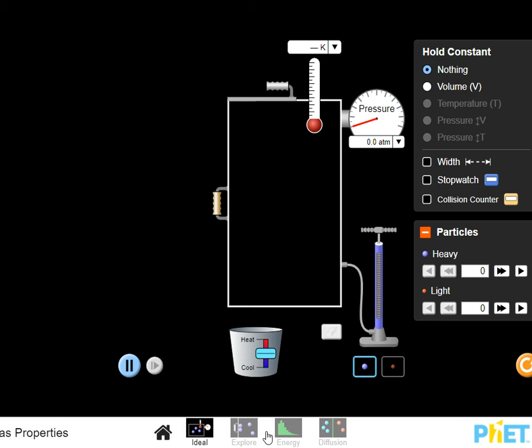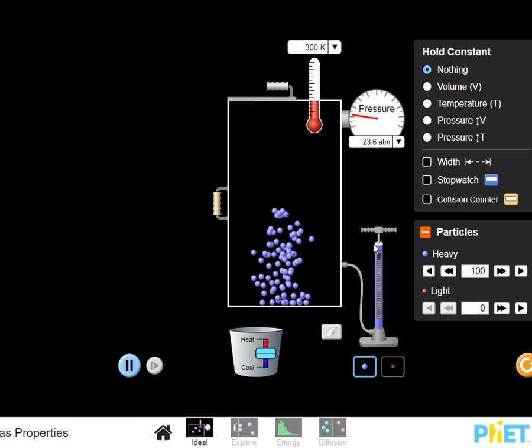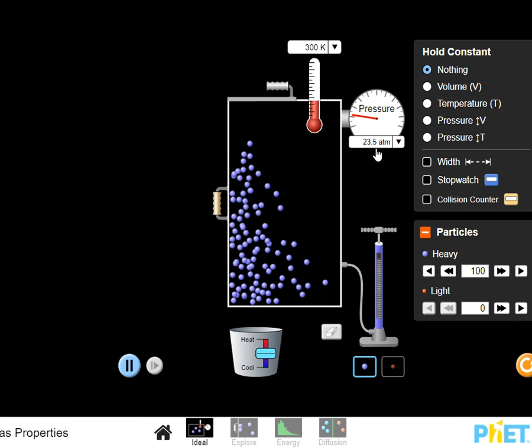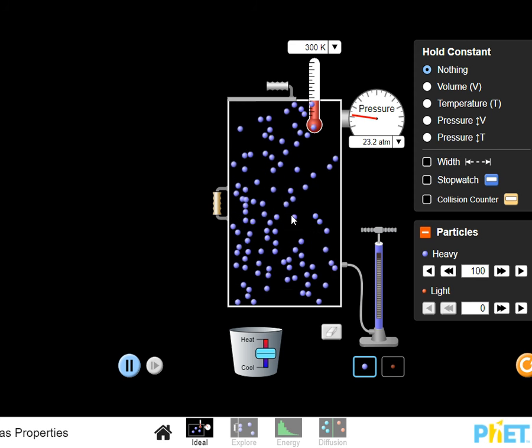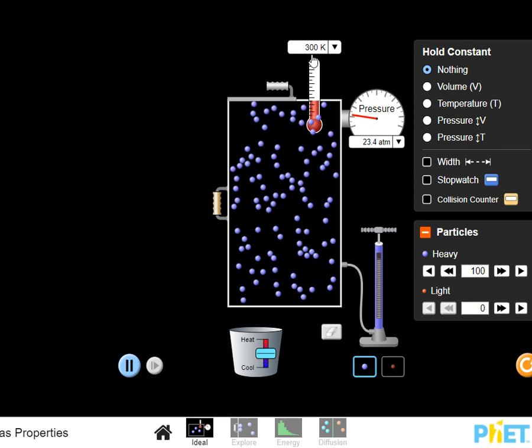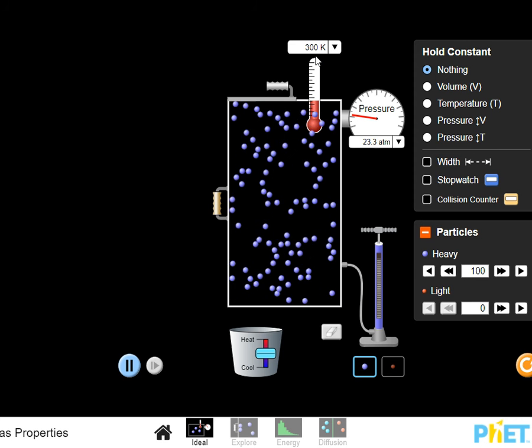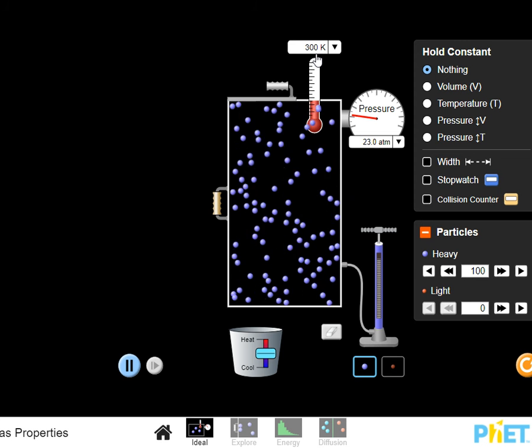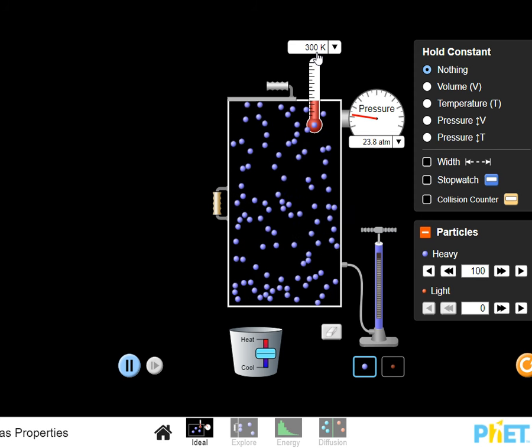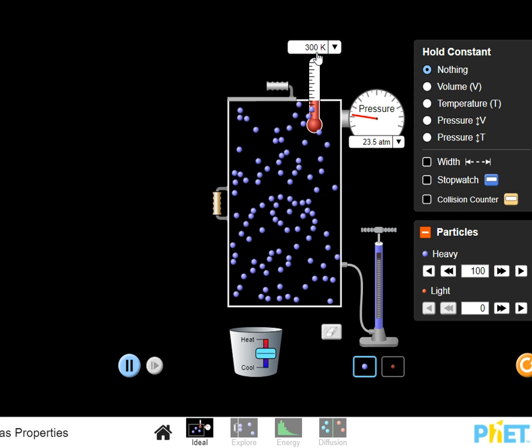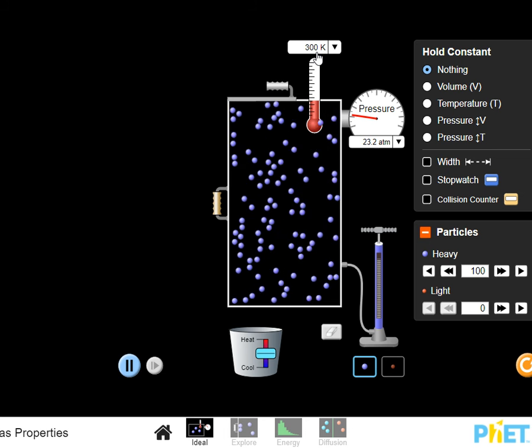All right, so pump in some gas. Do 2 pumps. All right, notice the pressure immediately went up when we added particles. The temperature is at 300 Kelvin. And so your questions say observe gas particle behavior.